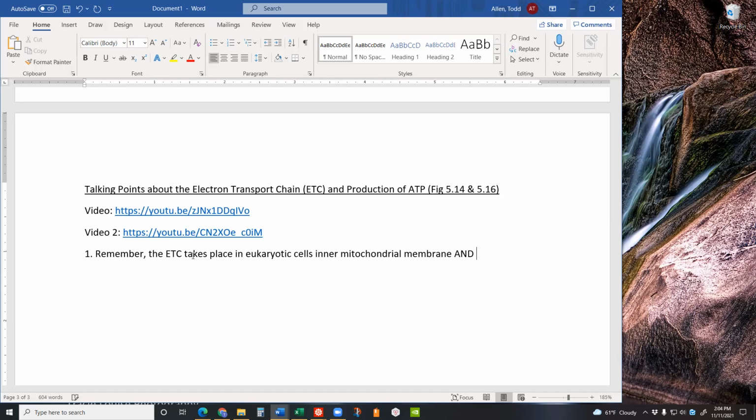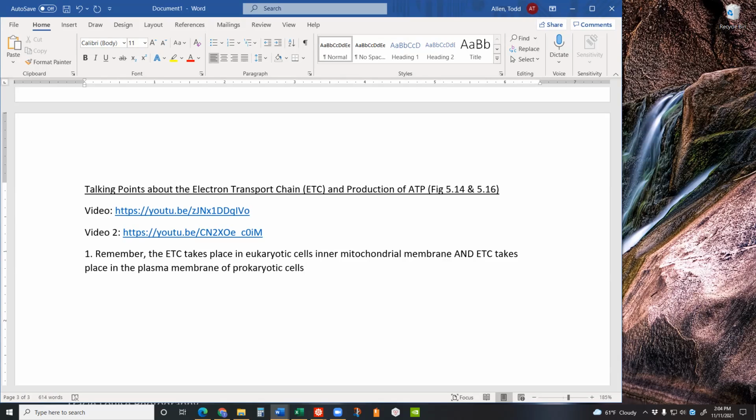And remember that the ETC takes place in the plasma membrane of prokaryotic cells. Because bacteria, as an example of prokaryotic cells, do not have mitochondria, but they do have a plasma membrane. The plasma membrane is where all the chemistry of the electron transport chain happens in bacterial cells. The corresponding location in eukaryotic cells is the inner membrane of the mitochondria.